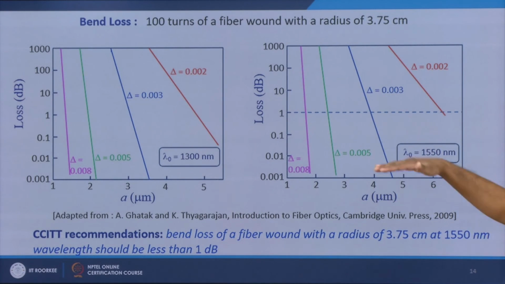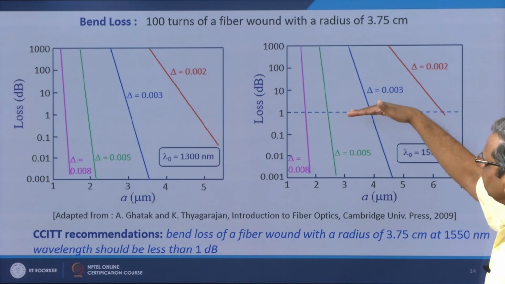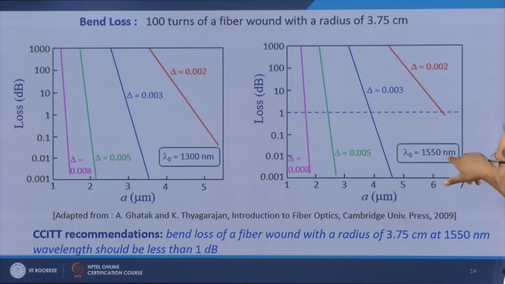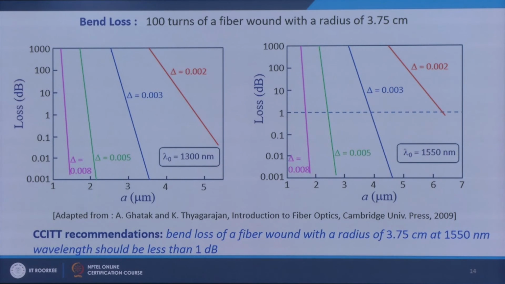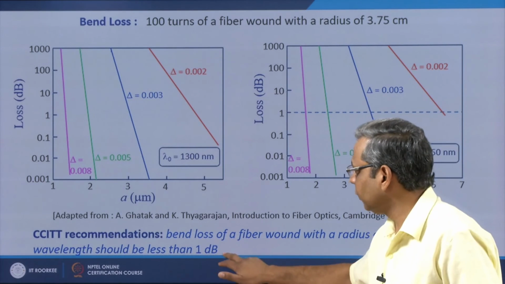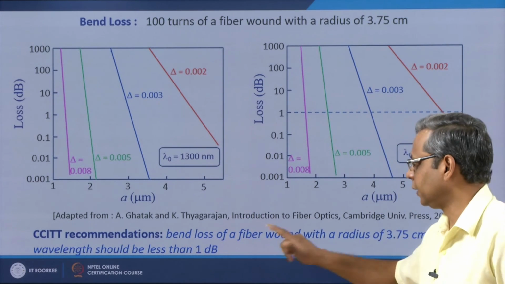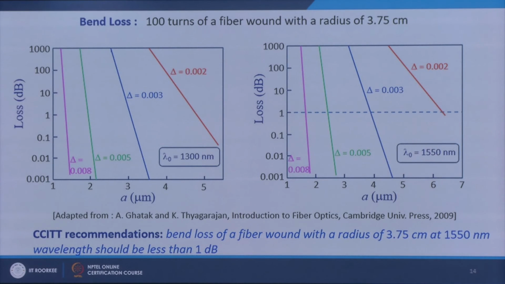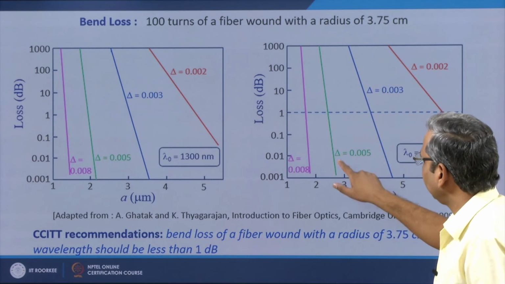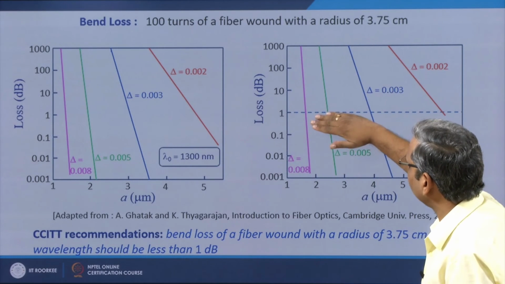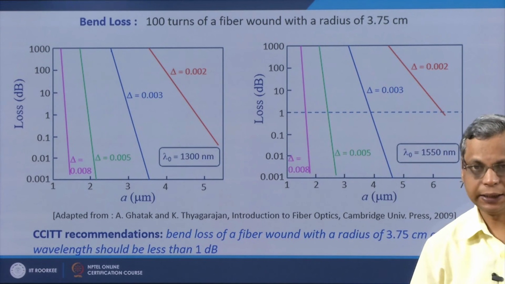So, CCITT recommendations say that at 1550 nanometer wavelength I should operate below this line of 1 dB. This loss should be less than 1 dB for 100 turns. So, I should choose the combination of delta and A in such a way that I always remain below this line.